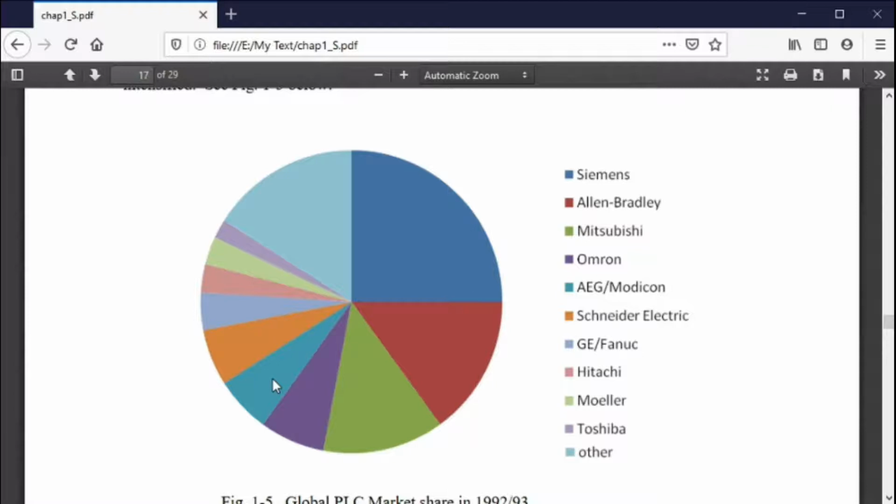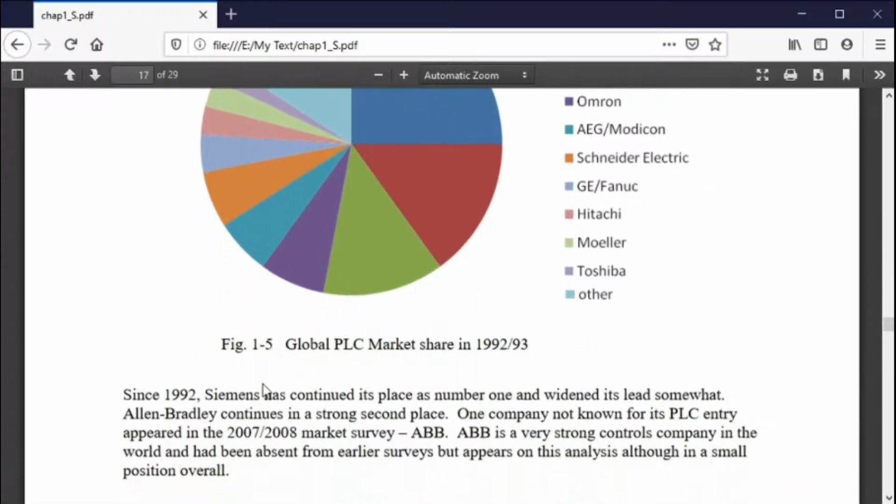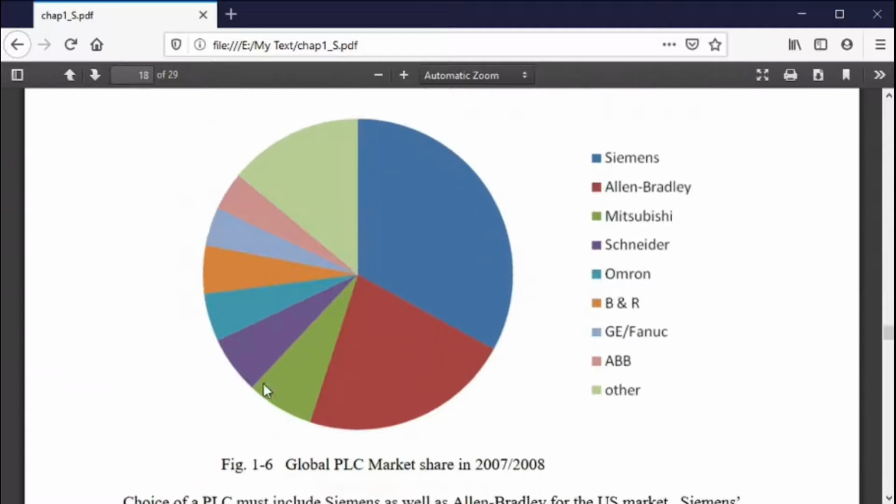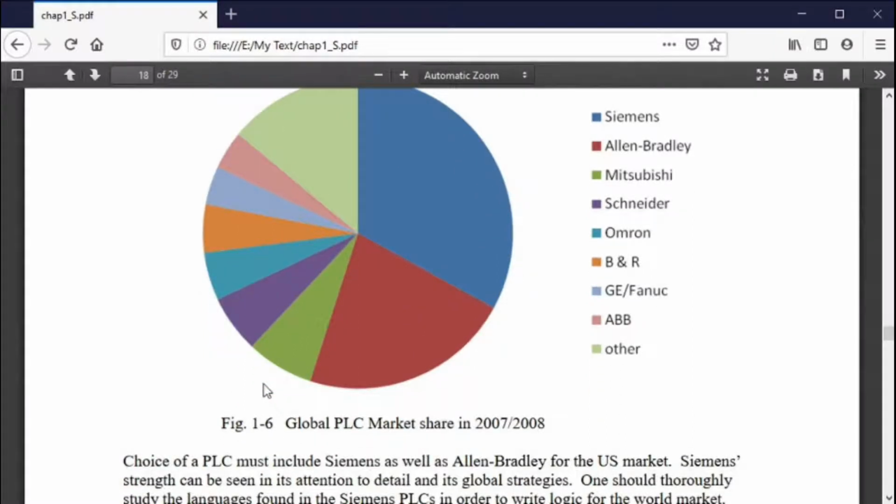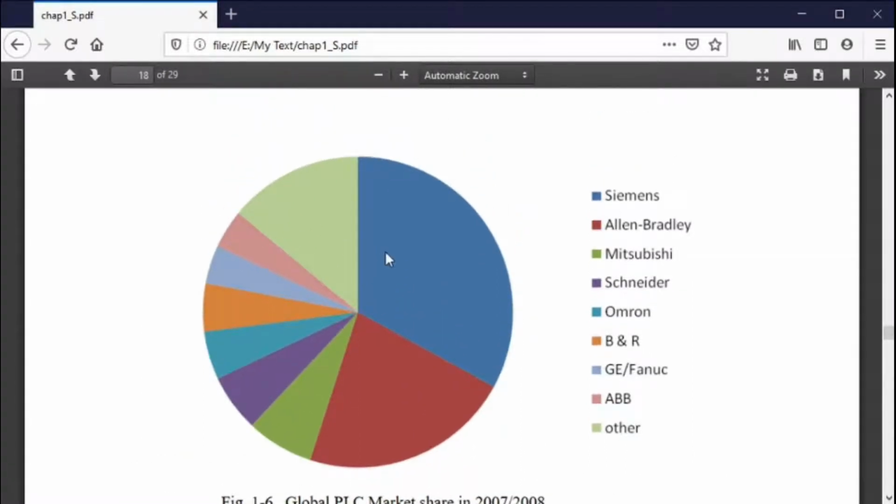In the 1970s, Modicon would have been the dominant force. Now they're all the way over to here. And as we move on, about 10 or 12 years ago, you see Siemens and Allen Bradley, Mitsubishi, Schneider, which is now the Modicon group, and Omron.